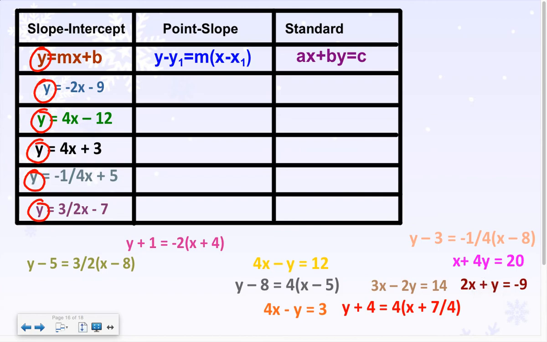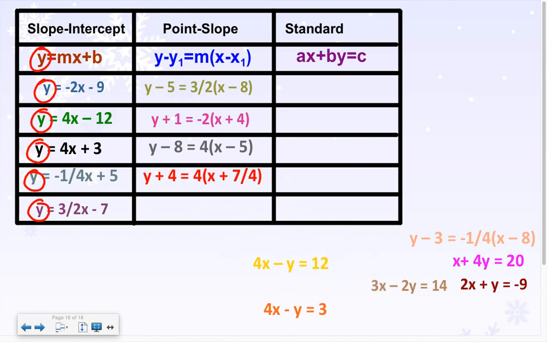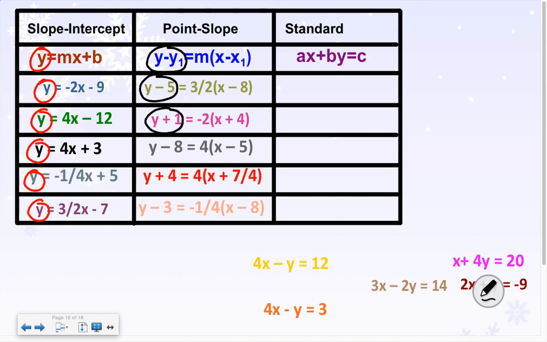All right, second column, I'm going to look for equations where I see y minus or y plus, because those would mean that they are in point-slope form. So all these equations are y minus or y plus.